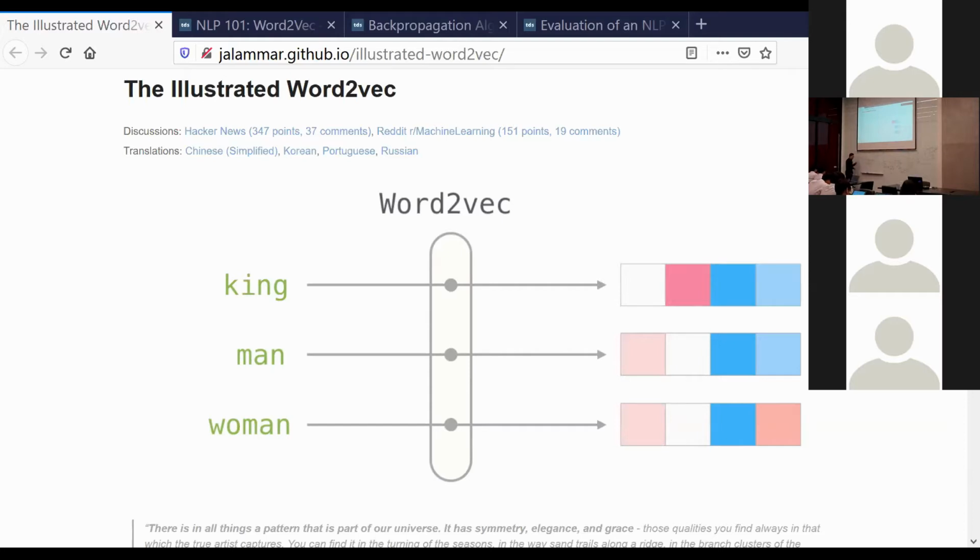Well, words go through the same kind of loop, but here it's called word-to-vec. And it turns words into numbers, okay? And today, it stops here. Let me say that again.